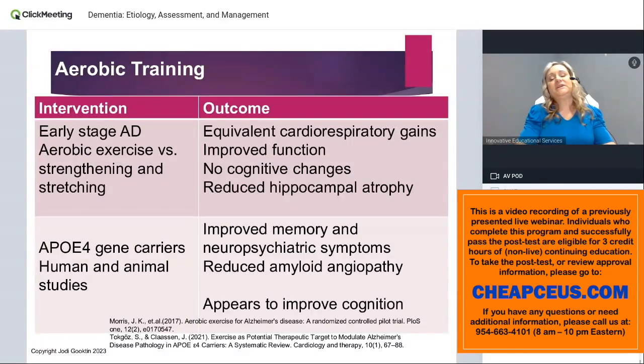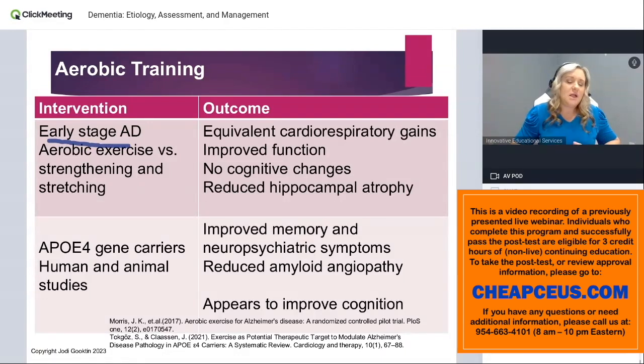Examining some specific studies that looked at just aerobic training for individuals at different stages of Alzheimer's disease. They haven't come up with one specific protocol that's best, so I just pulled a couple of different studies for us to take a look at. They looked at individuals in early stages of Alzheimer's disease and had them participate in strengthening as well as aerobic exercise. The aerobic exercise cohort participated in 3 to 5 days of aerobic activity over a period of 6 months, because that's about what we need to see a cognitive change.